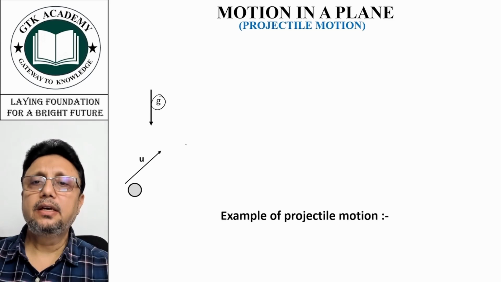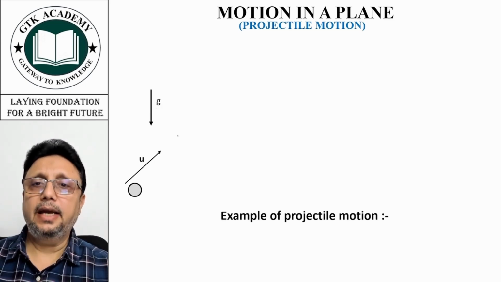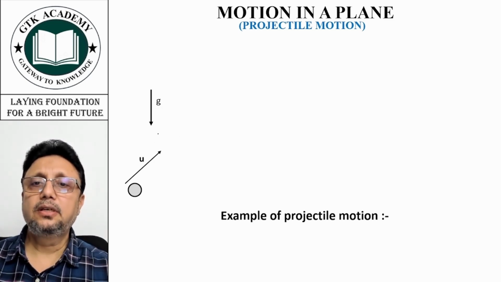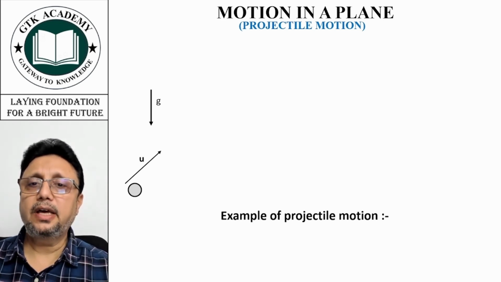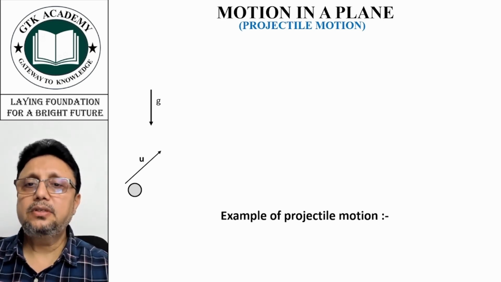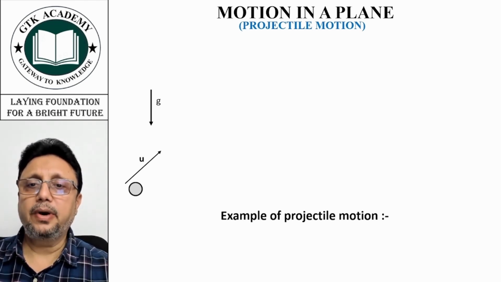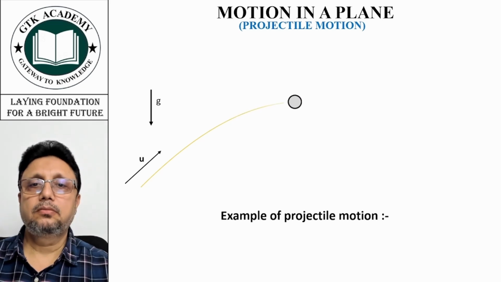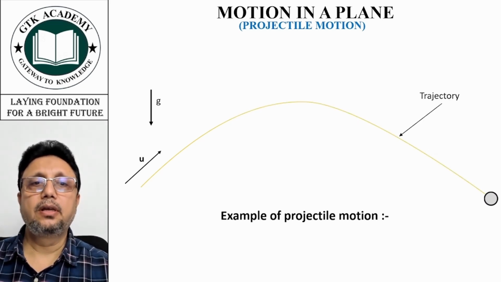Now you can see that acceleration is not in the line of velocity. It has a different direction. So what happens? You all must have seen it, that the body follows a curved path like this, shown in yellow color. This is the trajectory.